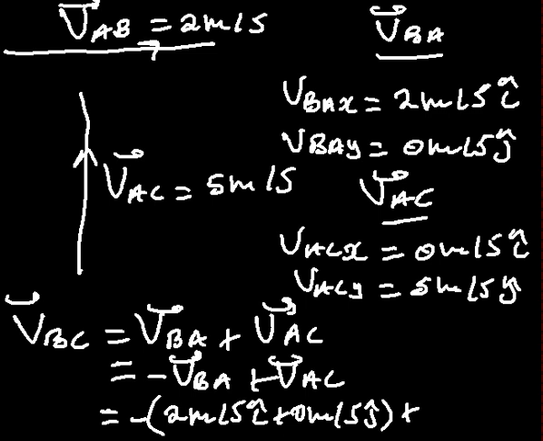And we have, what is Vac? We have it as 0 meters per second, that is along i, and the plus, we can have it as, you just have to adjust here.